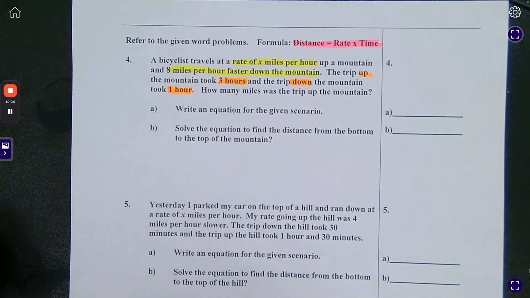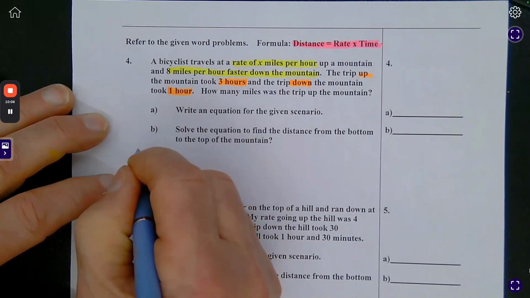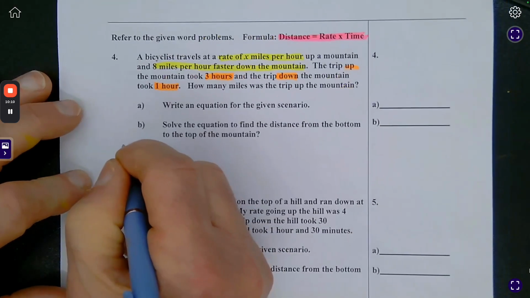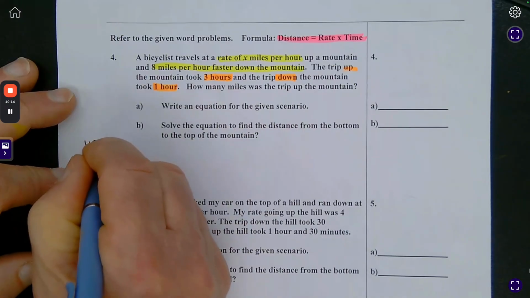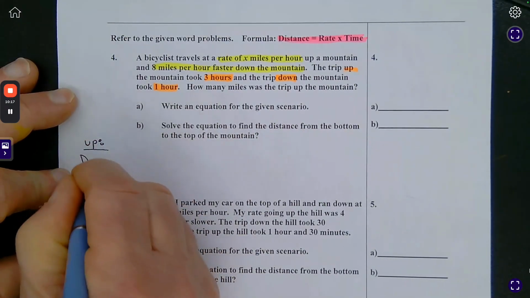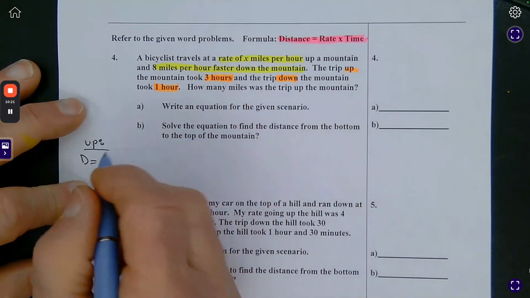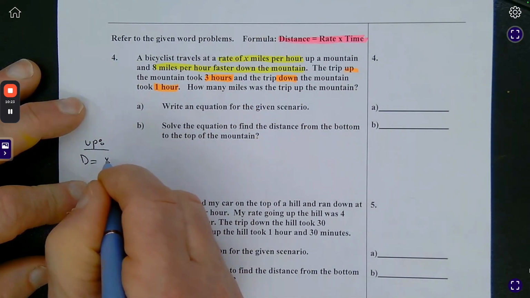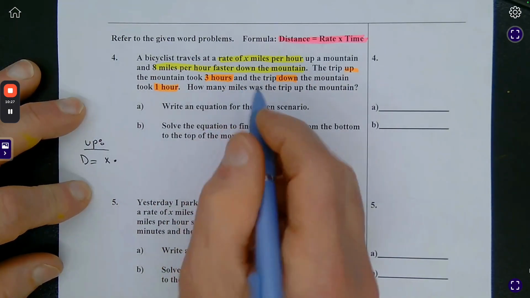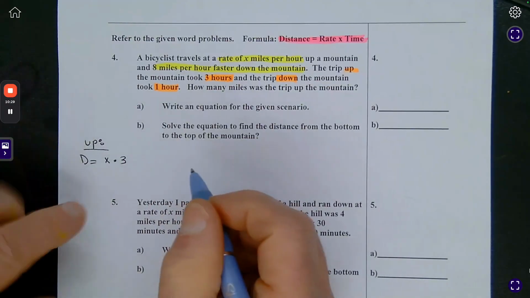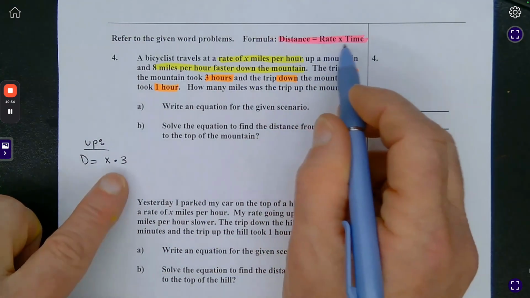So let's talk about what we have. We have up and down the mountain. So if I'm going to go up the mountain, the distance equals x, because that's my rate, times 3, because distance up the mountain is equal to the rate times the time.